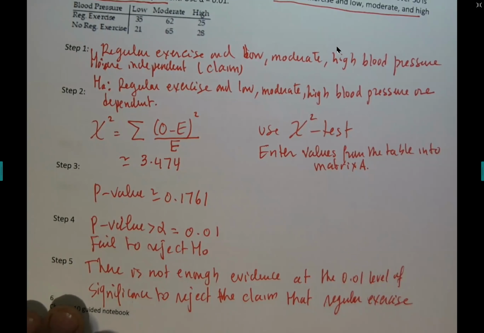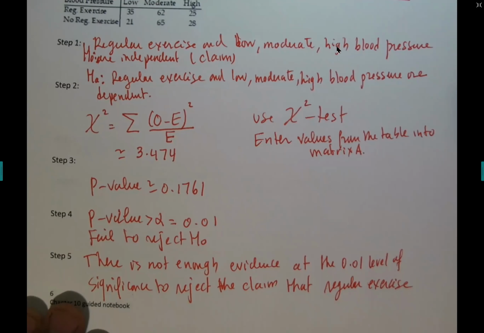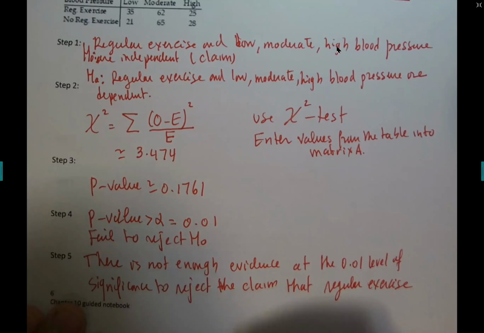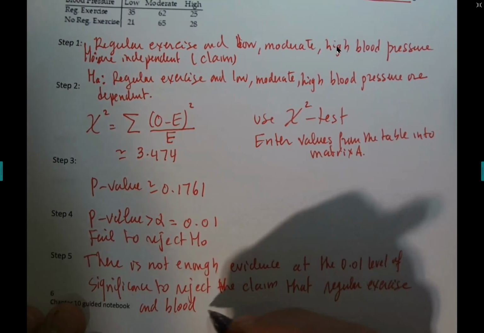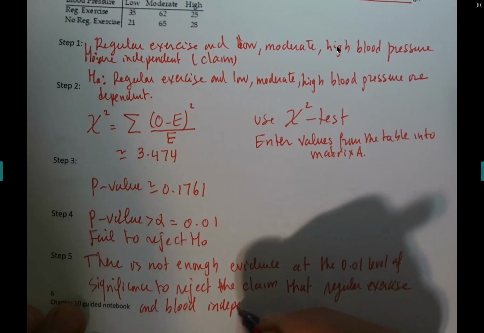Probably many of you believe that when people walk, that could have a good impact on their blood pressure. It would lower it, but for this one, no, it didn't turn out to be the case. There is not enough evidence to reject the claim that regular exercise and blood pressure are independent. Independent means they have nothing to do with each other.